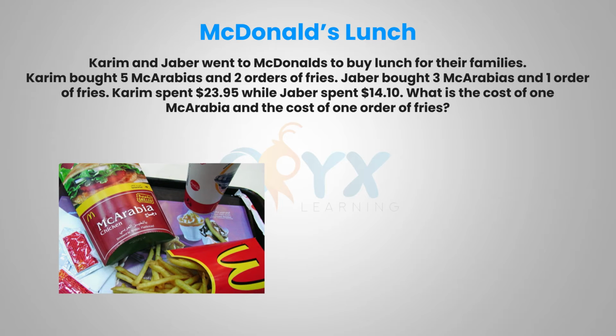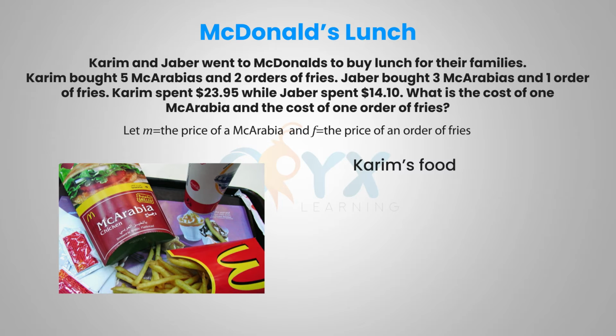So let's set up our variables. First, we will let m equal the price of a McArabia and f equal the price of an order of fries. Kareem's food would then be represented by the equation 5m plus 2f equals 23.95.